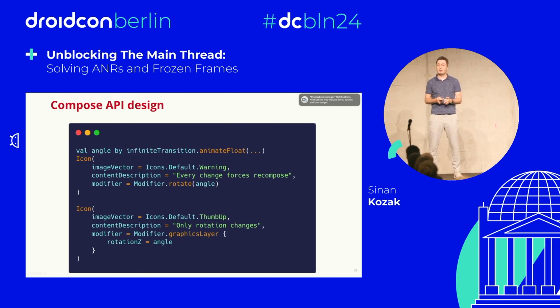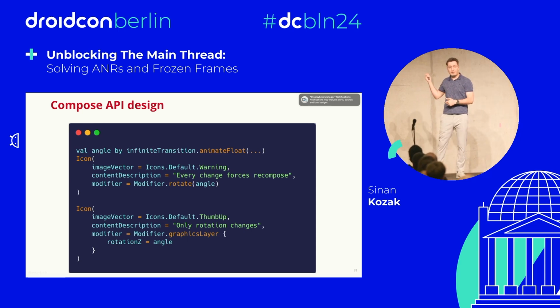Let's say you want to rotate an icon in a loading dialog or anything like that. You will have an infinite animation that goes on and on. And when you set the rotate, that will trigger the whole composable to recompose. Why? Because the angle value is directly being used inside the composable.